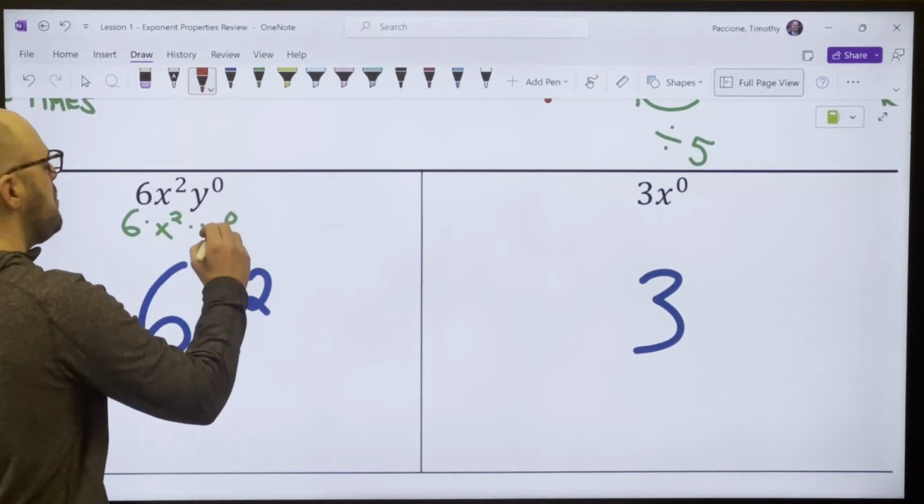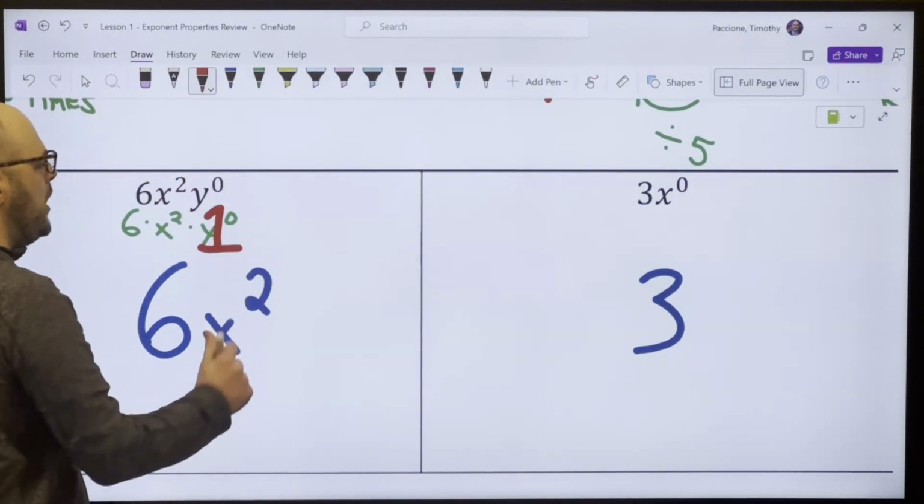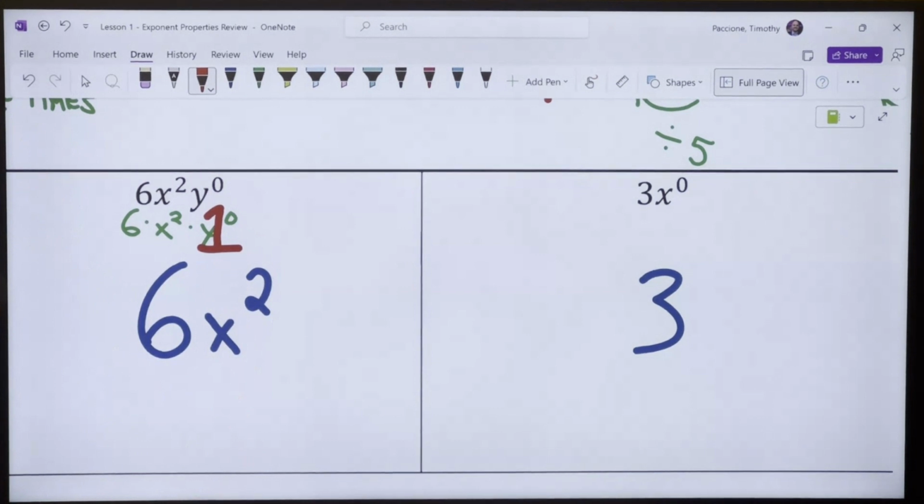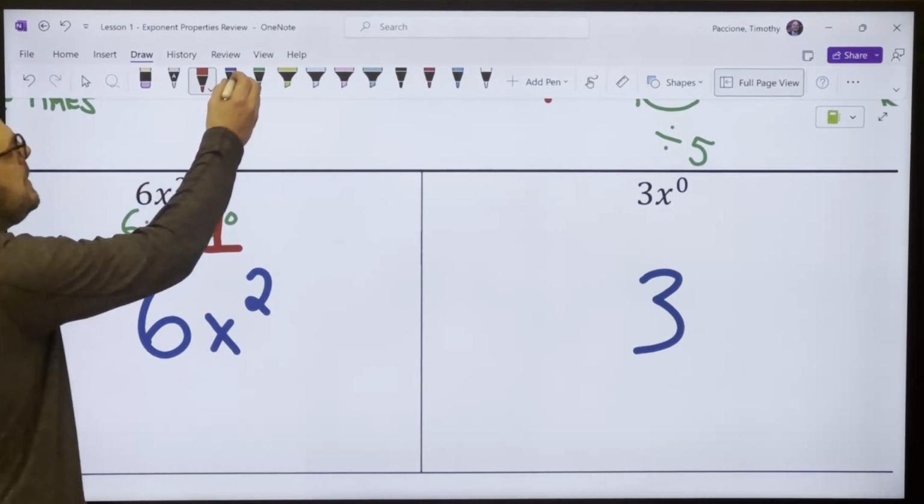So this is like multiplying by 1, which is why I thought, since it's the same type of like terms. Well, it's multiplying, so that's why we wouldn't add those, right? It's 6 times 1.